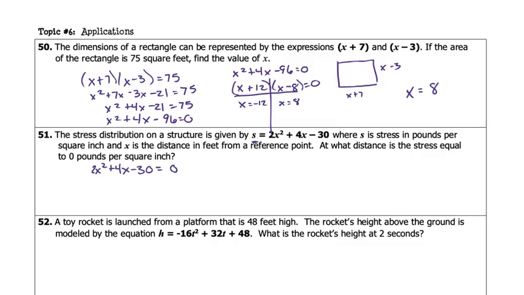So we need to factor out if we can. I know I could take a 2 out. So x squared plus 2x minus 15. Do I have values that multiply to negative 15 and add to 2? I do have 5 and 3. So let's do that. Positive 5, right? Because the 2 is positive.